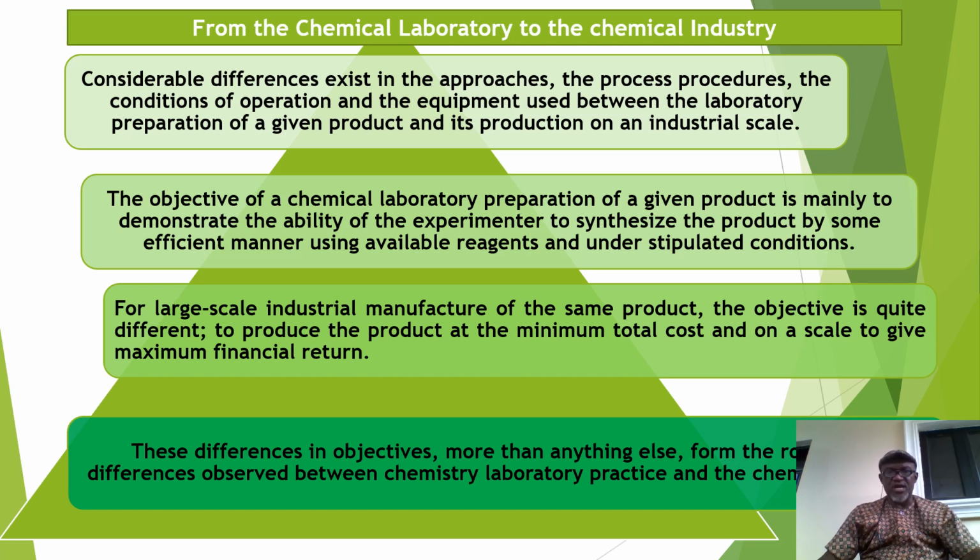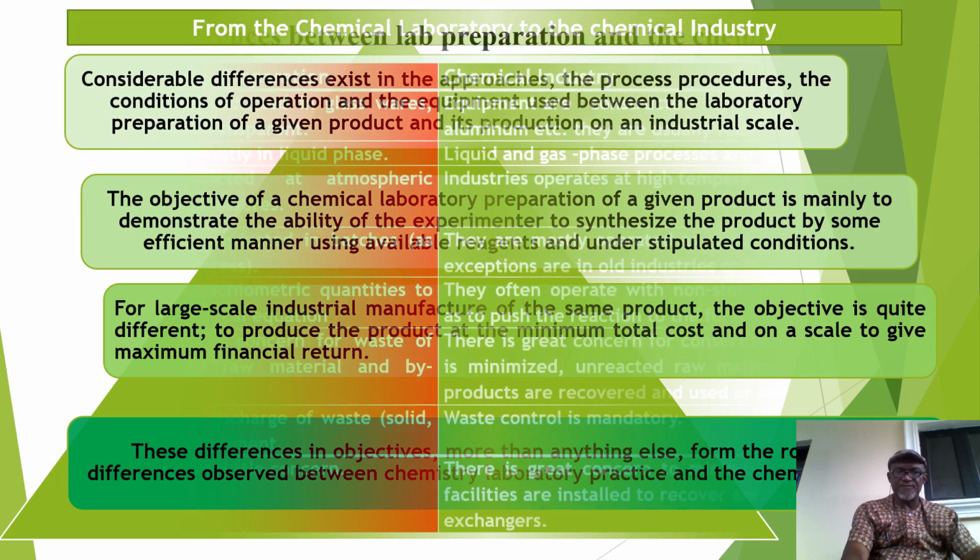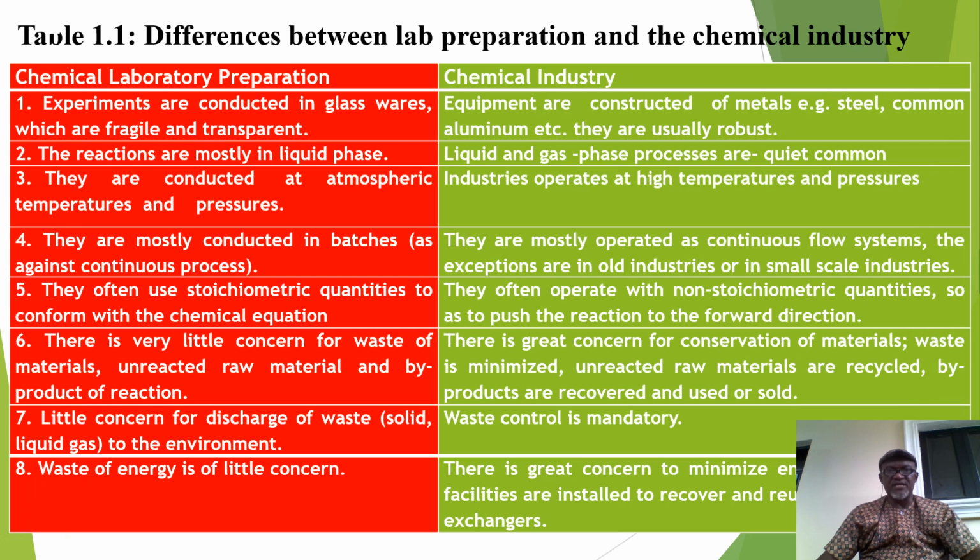Now, we'll look at the differences between laboratory practice and the chemical industry production. Now, we divided these into two tables, so many of them. Look at that. The first one, experiments are conducted in glasswares, which we all know. They are fragile and transparent, but it's not so in industries.